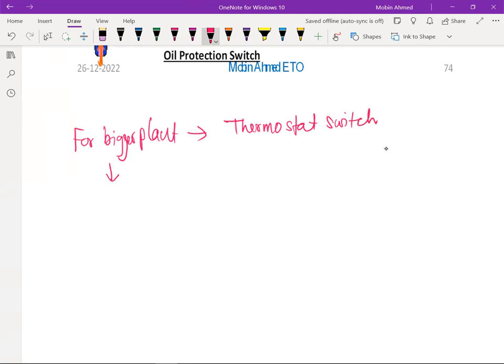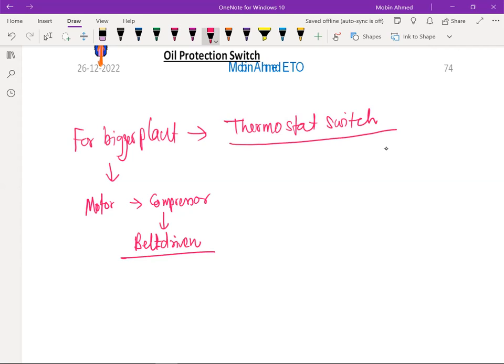A bigger plant is generally going to have a motor and a compressor, and this compressor is belt driven. In this case, generally you are going to have a thermostat switch.